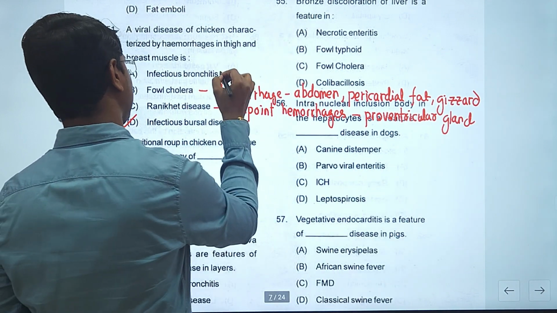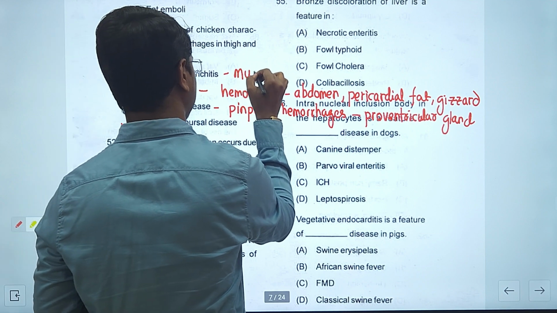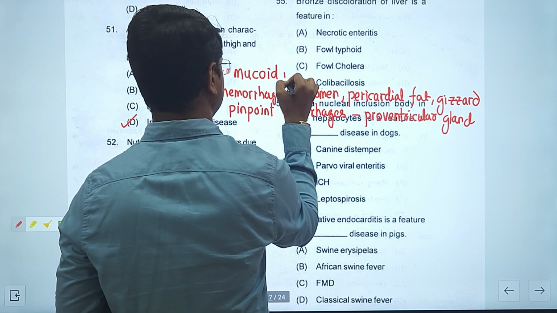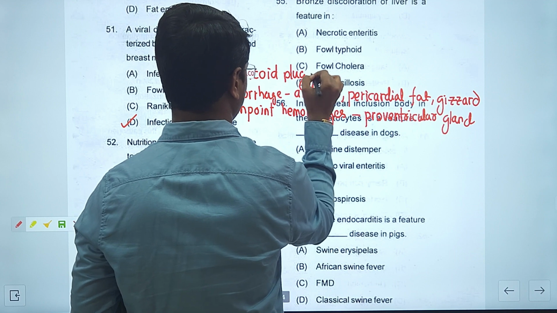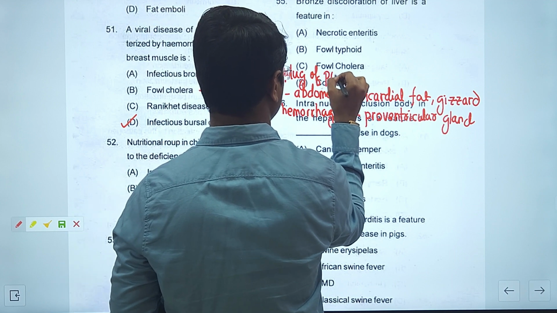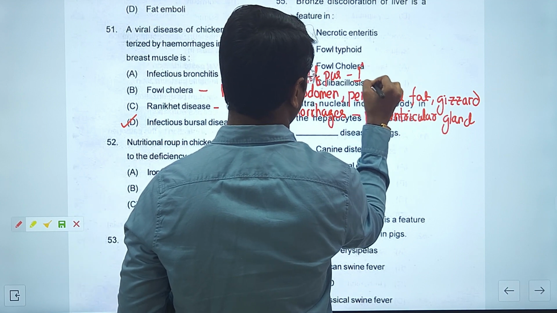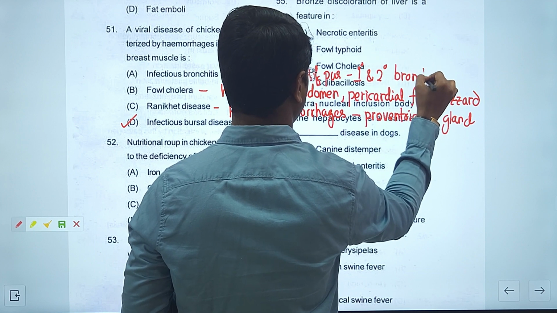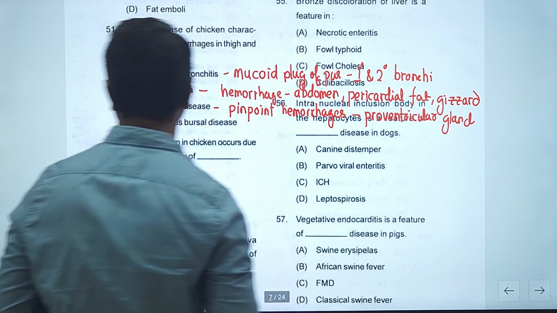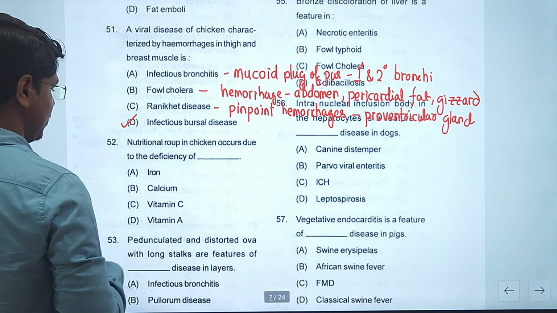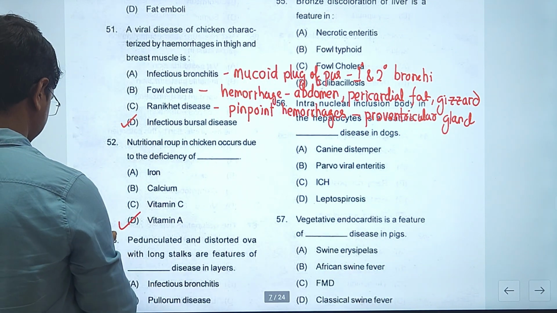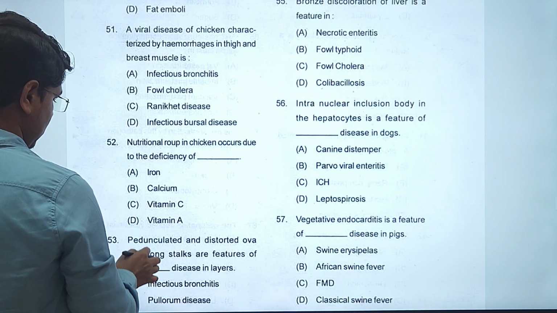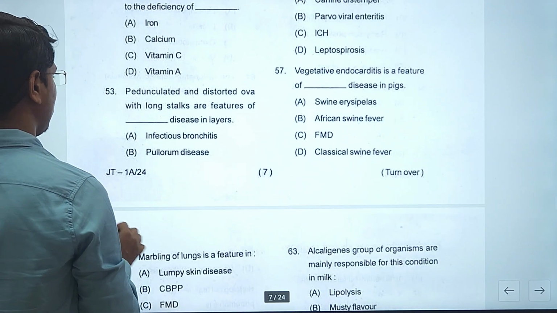Infectious bronchitis, you will find a mucoid plug of pus in primary and secondary bronchi. Plural is bronchi. Nutritional roup in chicken occurs due to deficiency of vitamin A. Pedunculated and distorted ova with a long stalk.